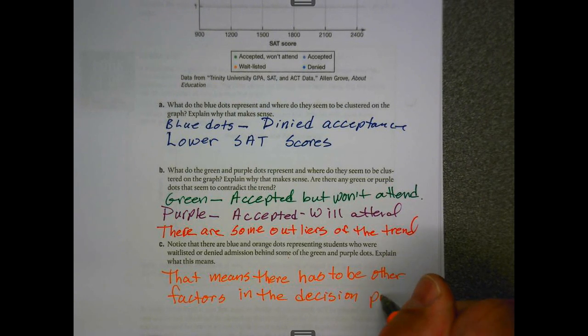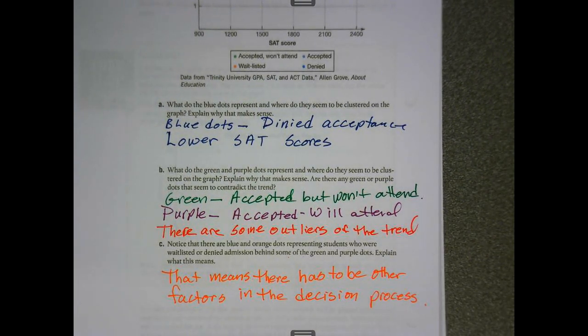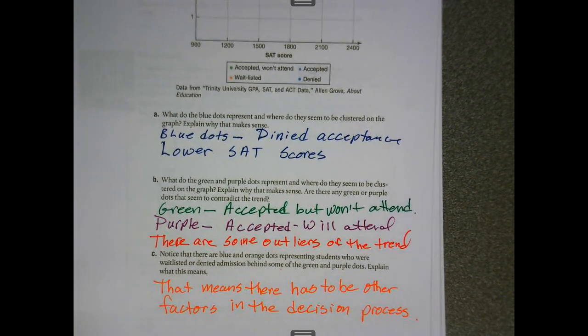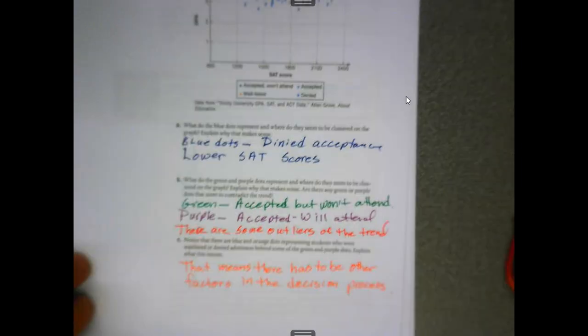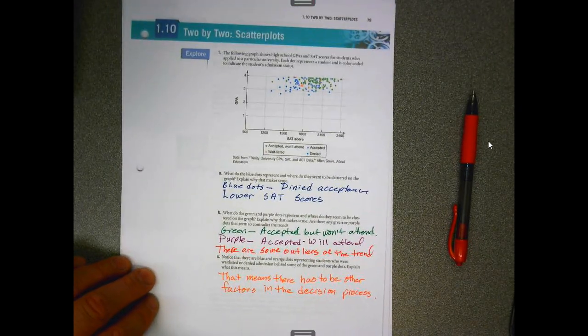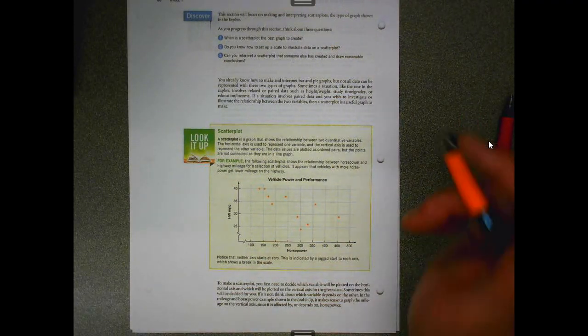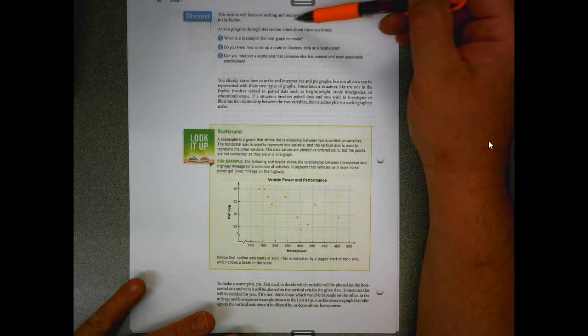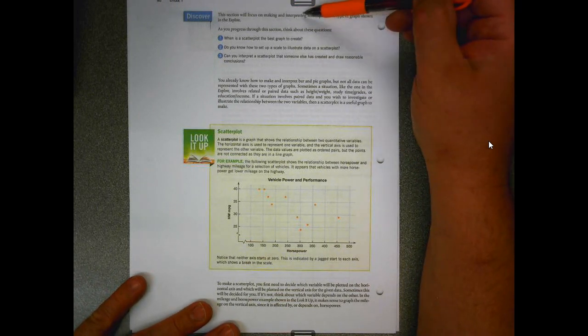Okay, that's 1.10, the Explore section. Discover section. This section will focus on 2x2 scatter plots, on making and interpreting scatter plots. The type of graph shown in the Explore is the scatter plot.